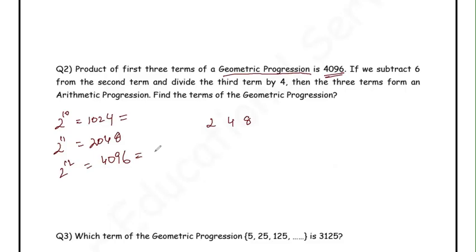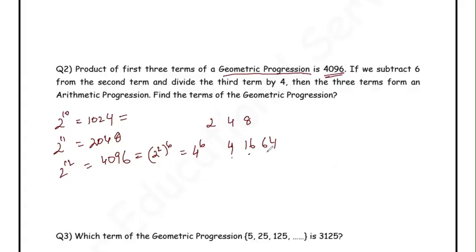So 2 to the power 12 can be 2 squared to the power 6. So in a way, I can say it's 4 to the power 6. Right. So that's how you take a guess that maybe it will be a multiple of 2. So what if it's 4 times 16 times 64?